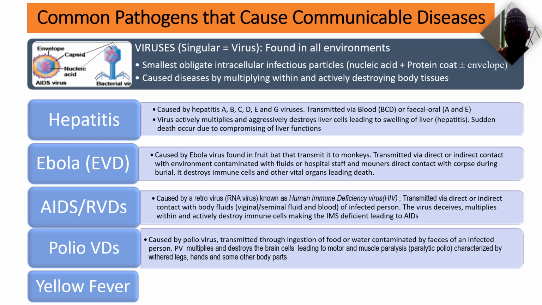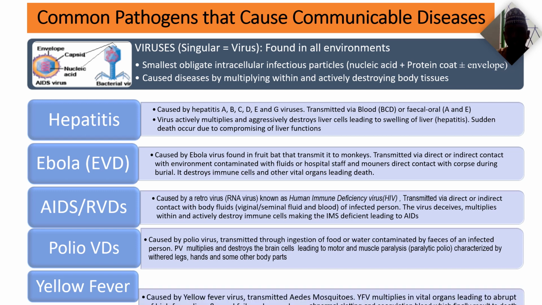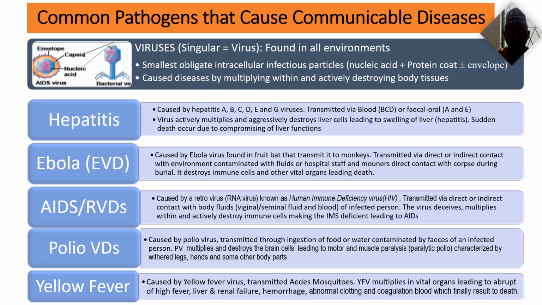Now, the next type of common viral disease in our environment is yellow fever. Yellow fever viral disease. Yellow fever is caused by the yellow fever virus, which is transmitted through mosquito bites, through the bite of the Aedes mosquito.